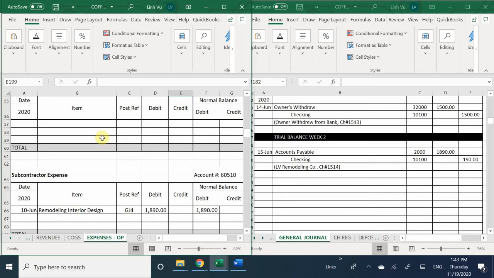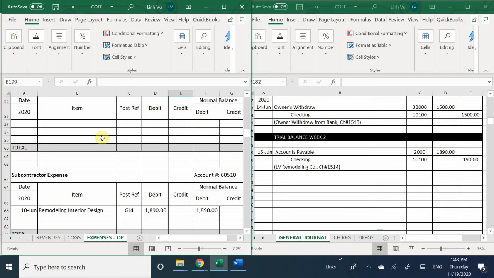A subcontractor will never bill you unless the job is done, unless you're doing a partial project. So the job is completely done. We already have our interior design done.